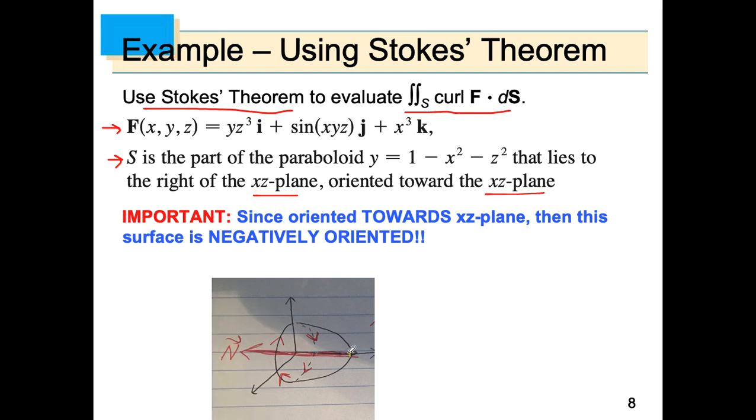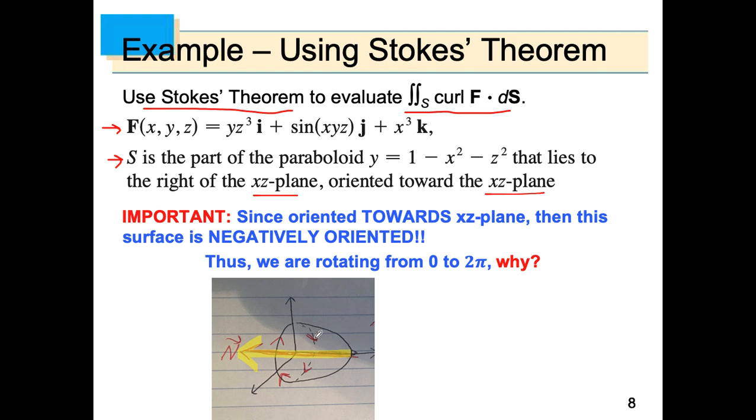You'll notice that it's oriented this way. And because it's going into the paraboloid, that means it's negatively oriented, which means that we will actually be rotating from 0 to 2 pi.